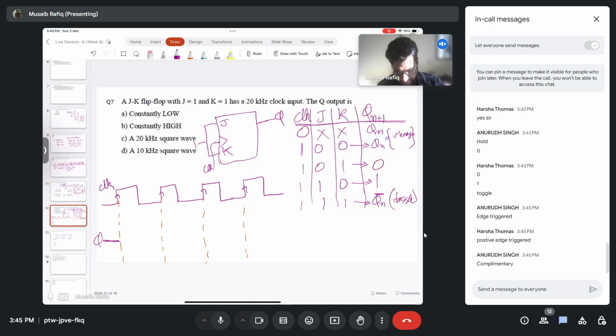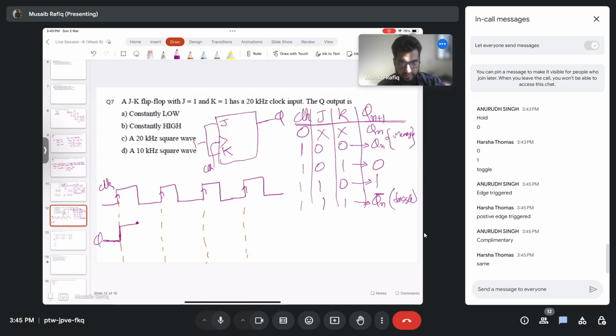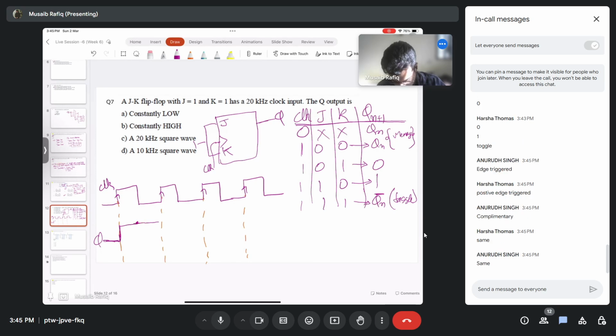Yes, complementary. That means it will toggle, right? And what about here, at this point? Same. Here, correct. So it will toggle.